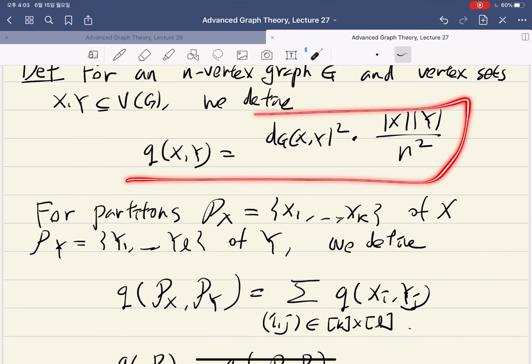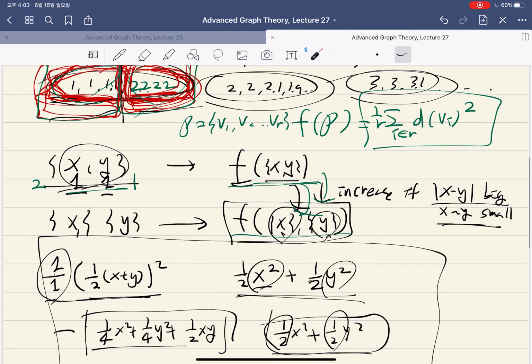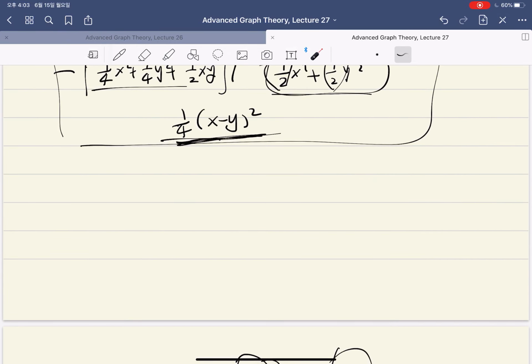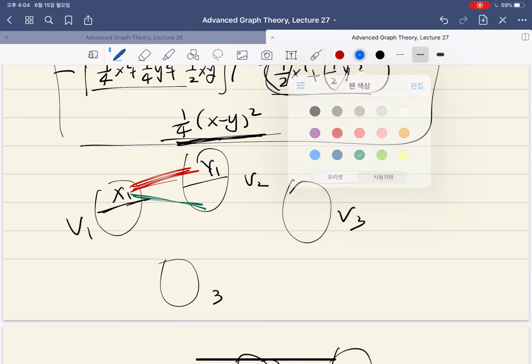So now we make this choice. And again, the choice of this was motivated from our idea. So for a given partition, let me say again one more time. For a given partition, if there is some non-regular part here, that means there exist certain X1 and Y1 here, so that the density between them is different from the densities here, and the densities here.